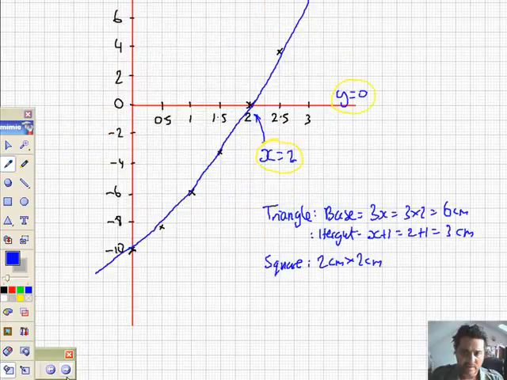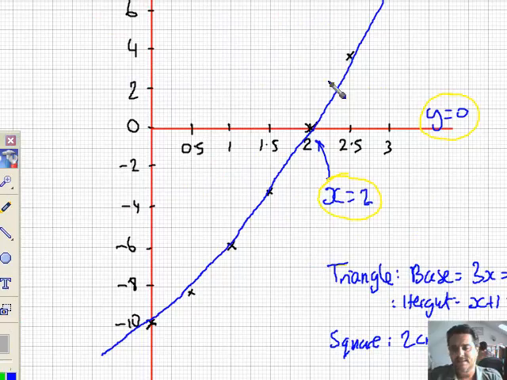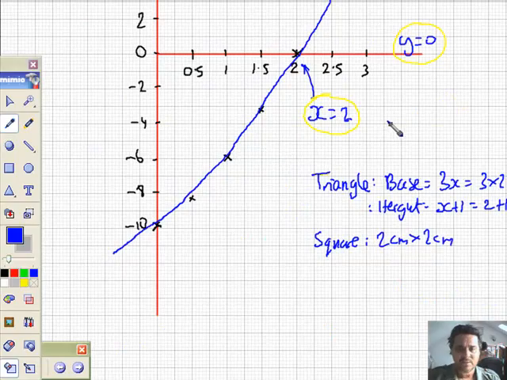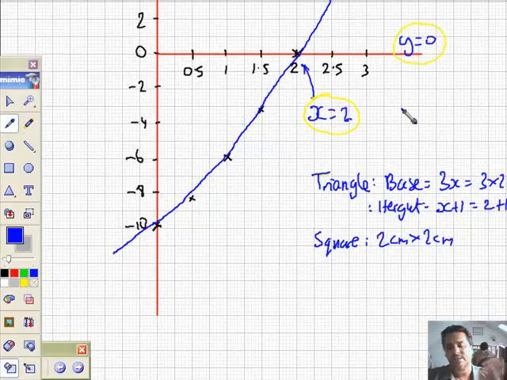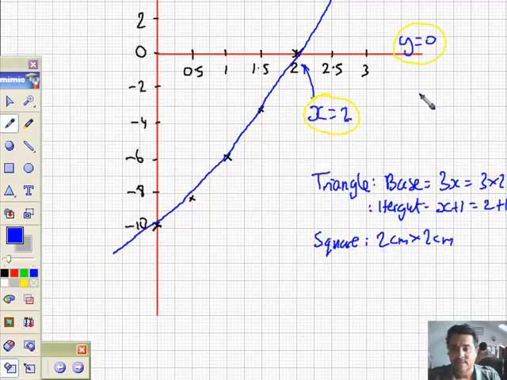Draw in the line and see where it intersects with the line y equals 0. The solution is x equals 2, and therefore x equals 2 is common to the x value in the triangle and the x value in the square, because it's the same x in the storyline. And they're the dimensions. The base is 3x, 3 2s are 6. The height is x plus 1, 2 plus 1 is 3, and the square, of course, is a 2 by 2 centimetre square. And that's it in terms of recap.